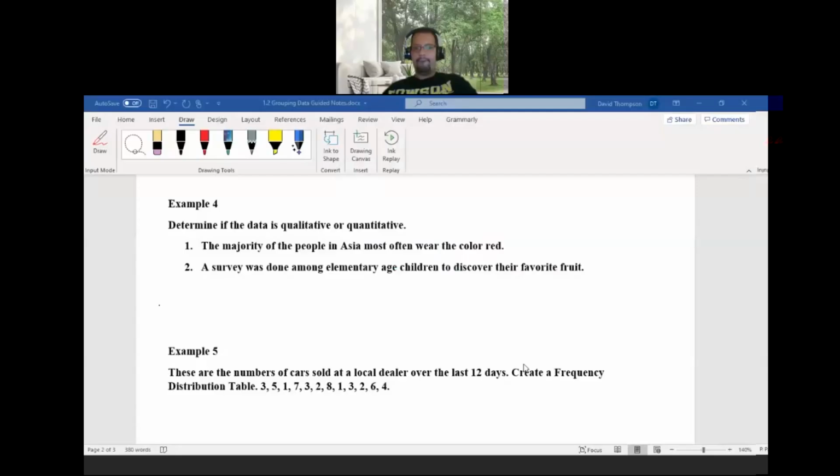Example 4. Determine if the data is qualitative or quantitative. Number 1. The majority of the people in Asia most often wear the color red. Number 2. A survey was done among elementary-age children to discover their favorite fruit. In number 1, we're talking about colors which cannot be counted, so this would be an example of a qualitative variable or categorical variable.